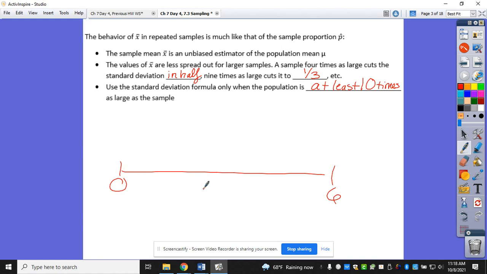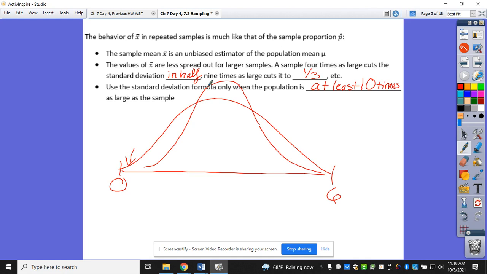Am I going to have some people that get a GPA up here? Yes. Let's say I instead take samples of 50 people. Am I going to get a random selection of 50 people from this school where their average is way out there? Is that very likely? No. So, very generally speaking, what I thought looked like this, now when I take samples of 50, is going to look how different from that curve? It's going to do this, right? It's probably still going to follow the same shape, but just squeezed in.